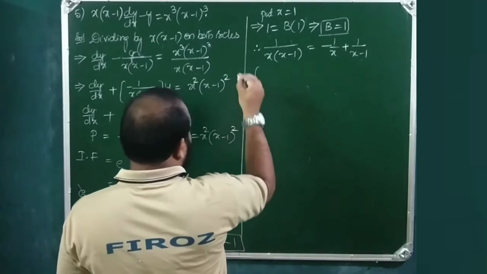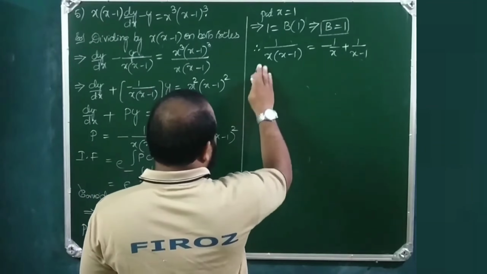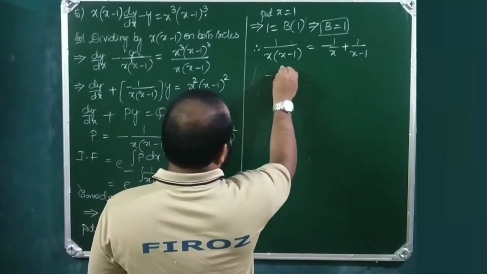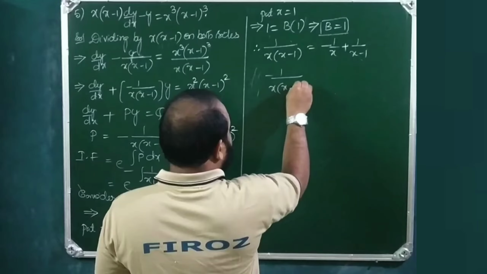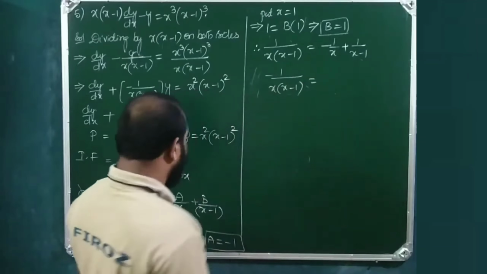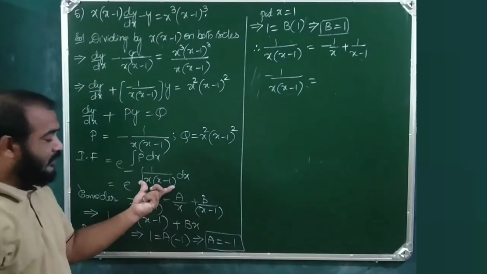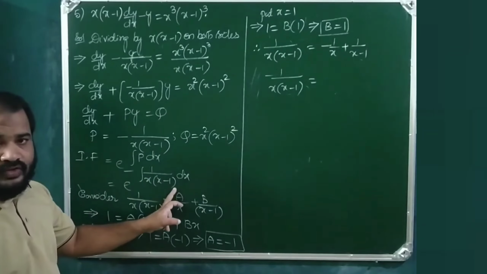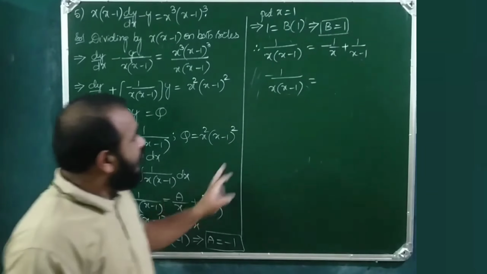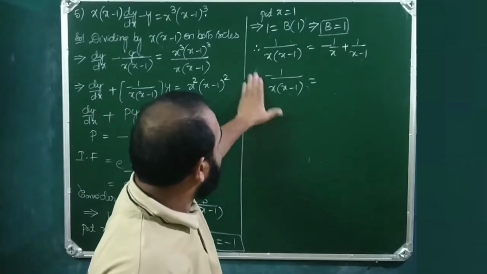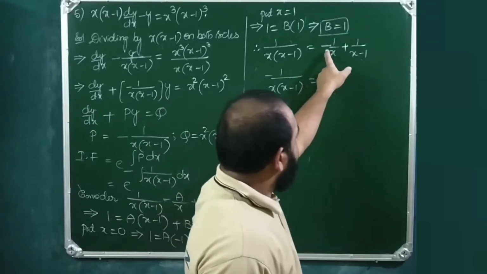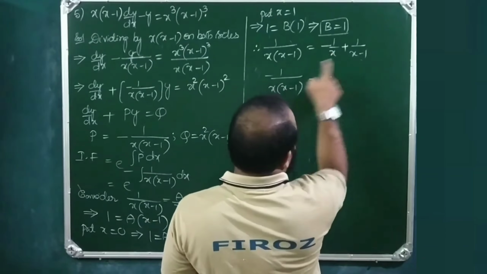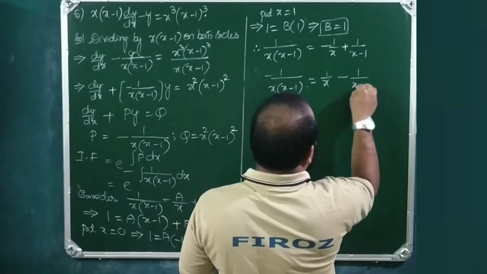Now minus 1 by x into x minus 1 is what we have to get, simply because this is 1 by x into x minus 1. So if I take minus here, then minus into minus is plus. So minus into plus, minus 1 by x minus 1.